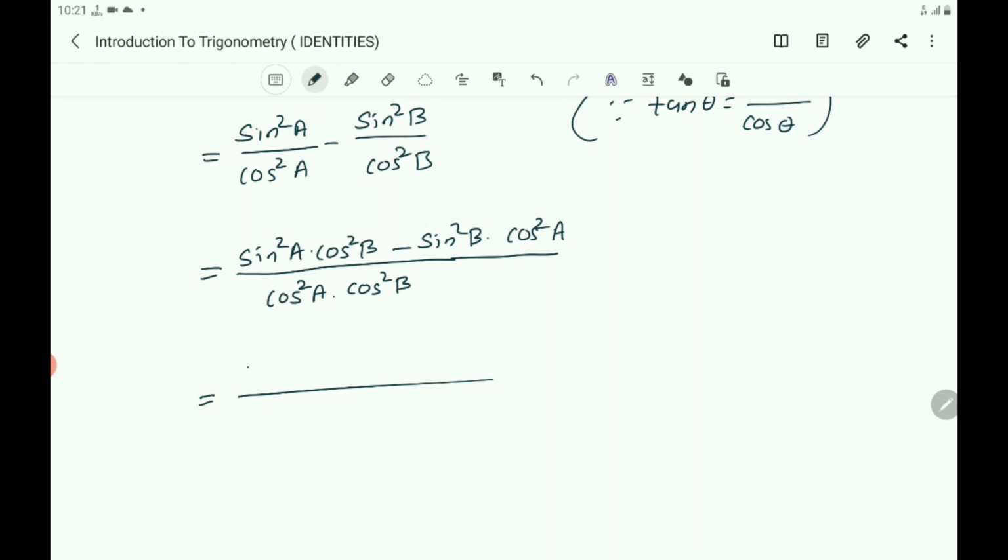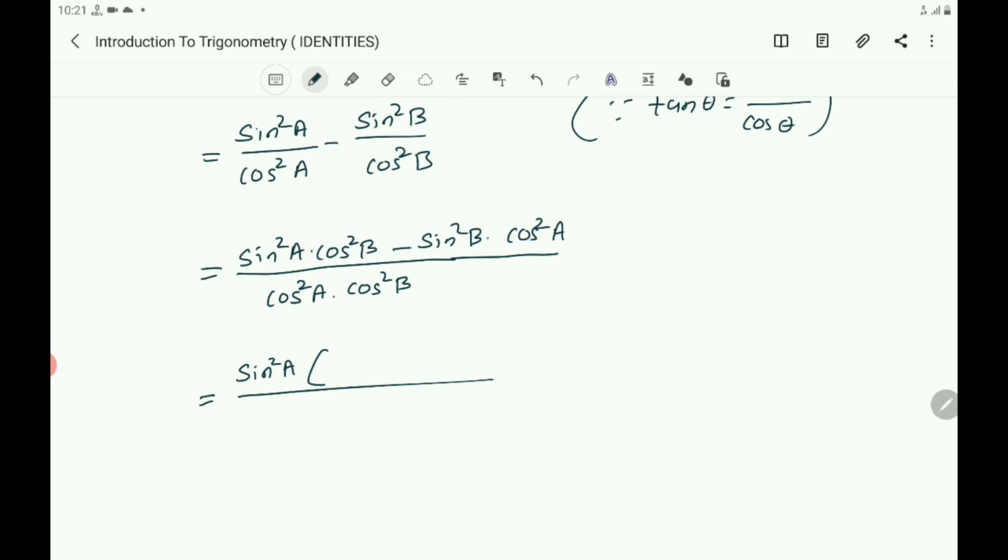Then that equals, so you write sin square A as it is, and into cos square B. Express that in terms of sin square only. You know that cos square theta plus sin square theta is 1. Similarly, cos square B plus sin square B equals 1.